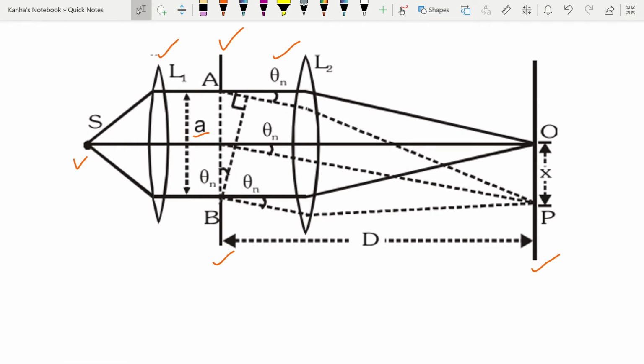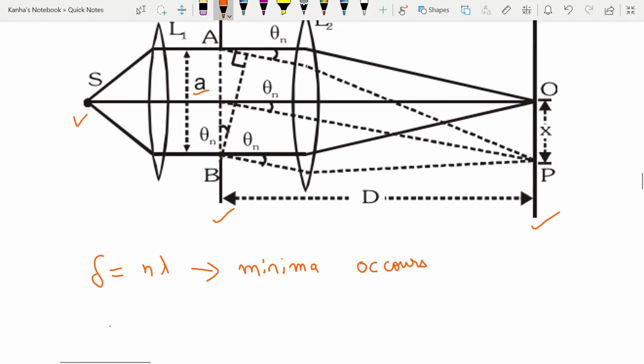Now I'll just tell you about what happens. When the path difference between the secondary wavelets coming from A and B is n lambda, or 2n into lambda by 2, or even multiples of lambda by 2, I see that minima occurs.